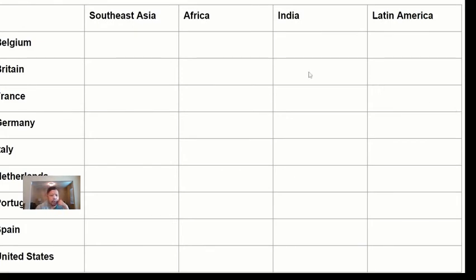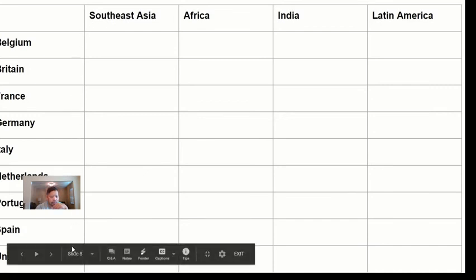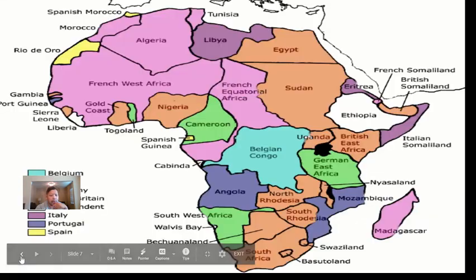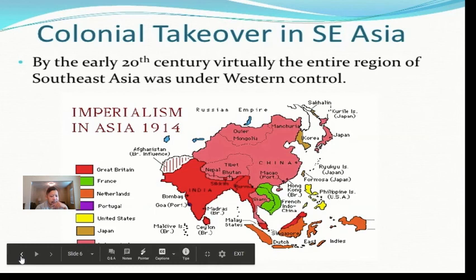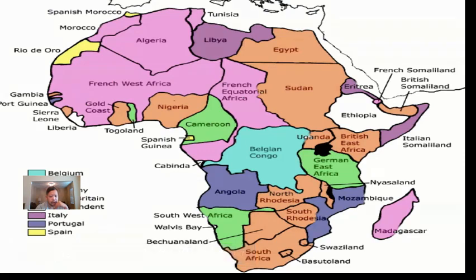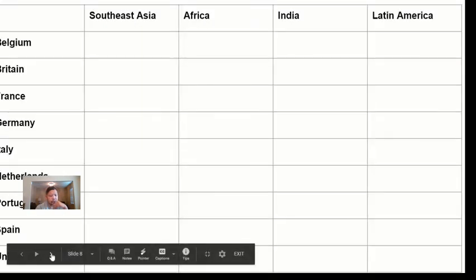For example, in Southeast Asia, which European nations and the United States took over Southeast Asia, which one took over Africa, India, Latin America. Just put an X on it. Again, you got to go back and study the two maps or two slides before. Again, I'm also going to share those slides with you so you can answer this after you listen to my lecture.